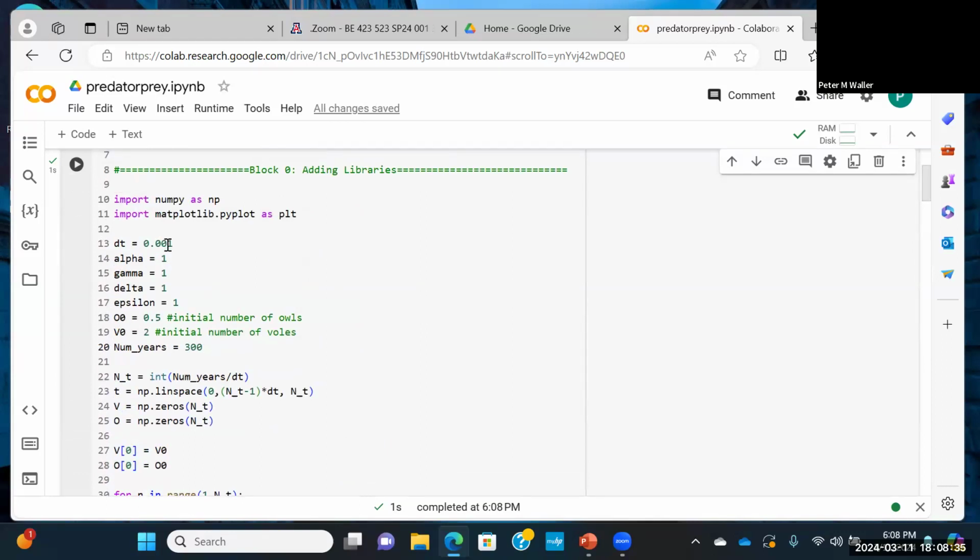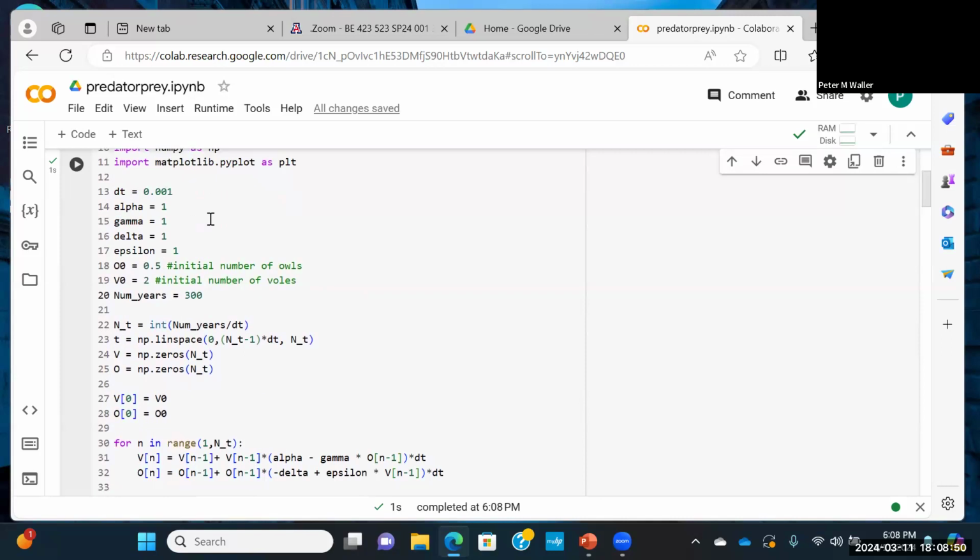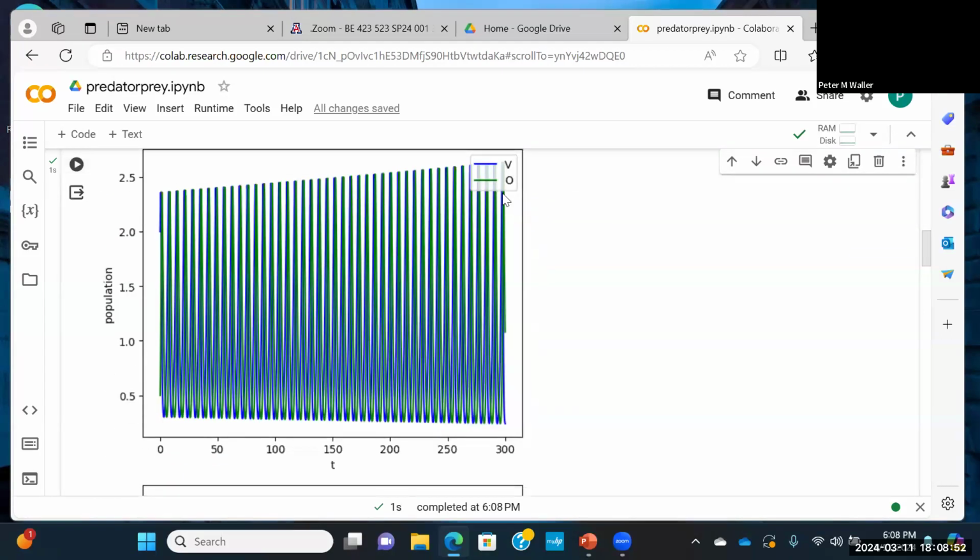And I would change this to 0.0001, but then the video would be boring because we'd have to wait for the code to run. So we won't do that, but I'll just let you know that if this is 0.0001, then we don't see a change in the fluctuations here. We'll see you next time.